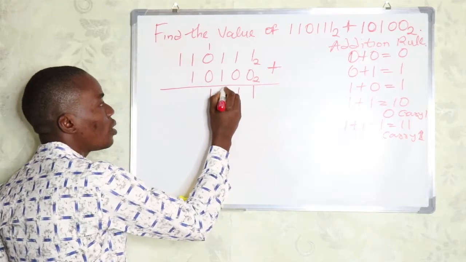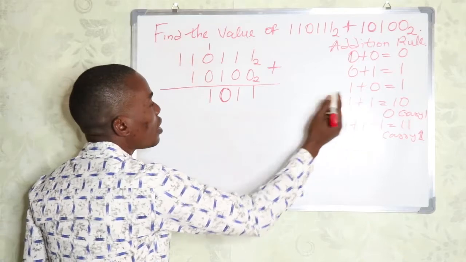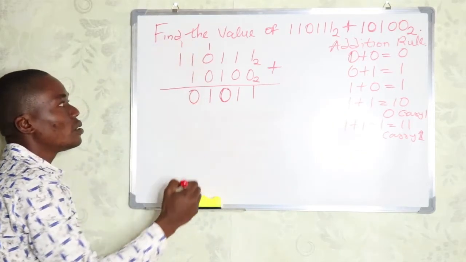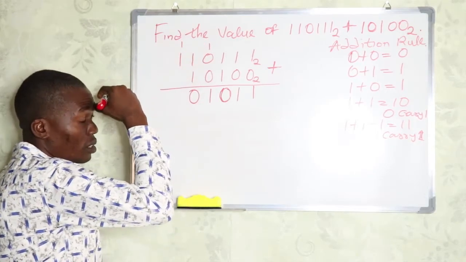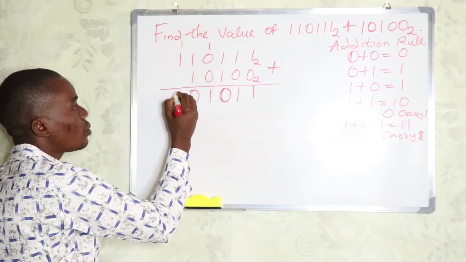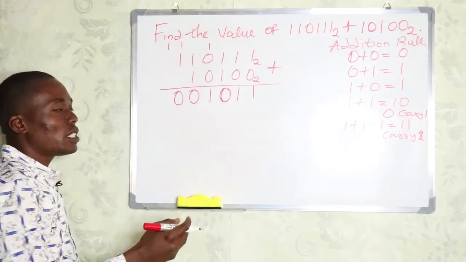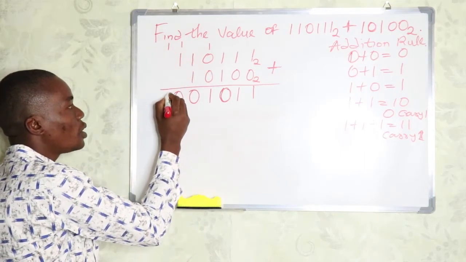So our value here will be 1. The next one, we have 1 plus 1 is equal to 10. You write 0 and you carry 1. Now the next value, we have 1 plus 1, which is still going to give us 10. We write 0 and we carry 1. Here there is no value, so it is assumed to be 0. 1 plus 0 will give us 1.